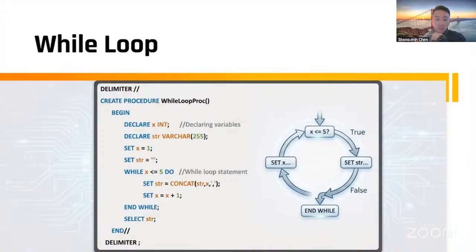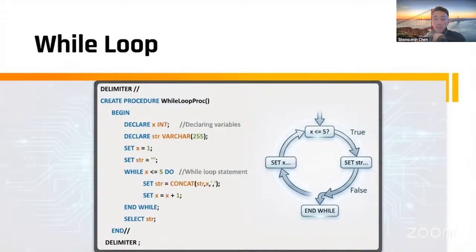Because the string str is outside of the while loop, when it runs again, it will remember the earlier expressions, right? So the second time, when you hit the end, it will come back to the do again because it will evaluate whether x is smaller than 5. Now it's at 2, so it will still be true and go into the loop again, until it runs up to 5.